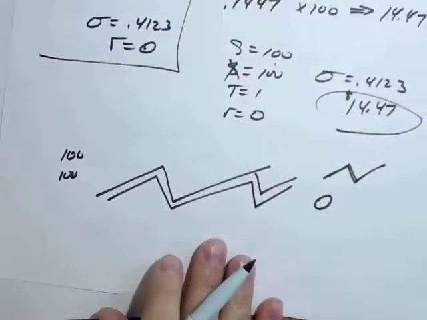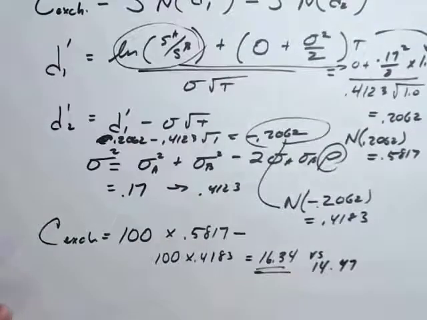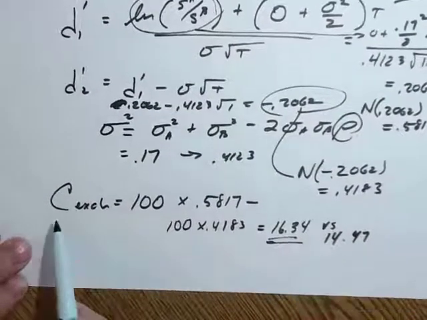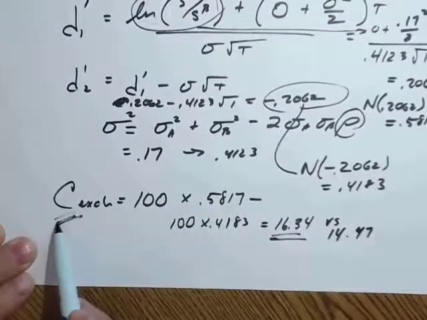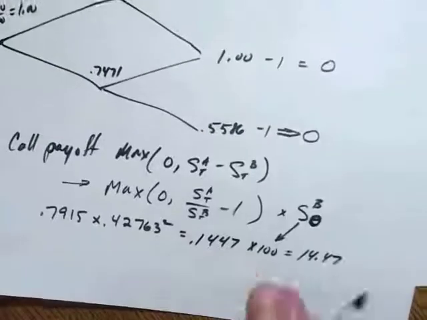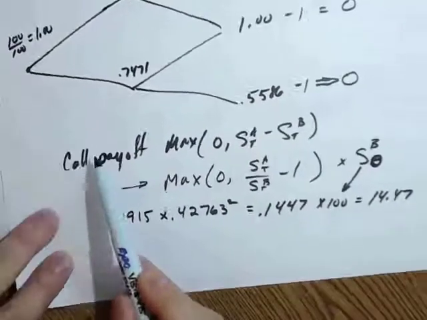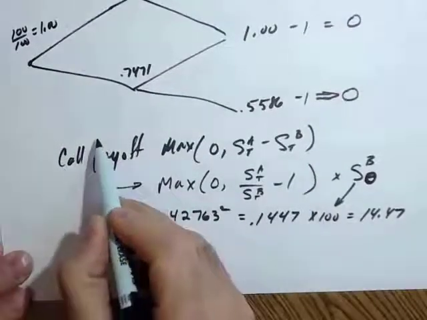Oh, and one more thing I want to do is clarify something. I've been calling this option that we've been dealing with for the past couple of minutes a call option, which is why I labeled it a C here, and calling it a call payoff. Some of the literature would just call this an option payoff.